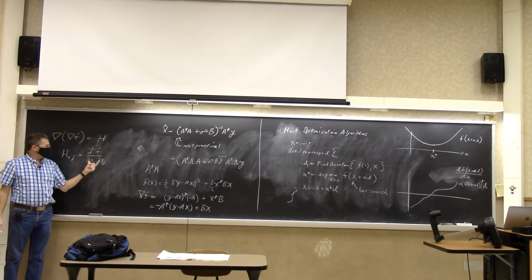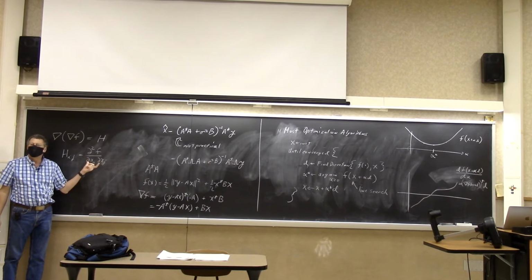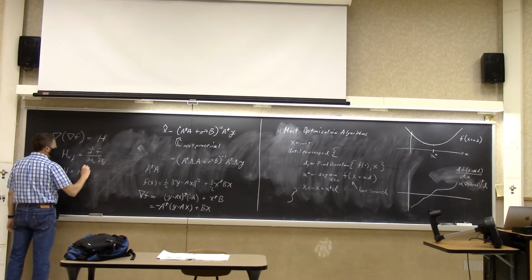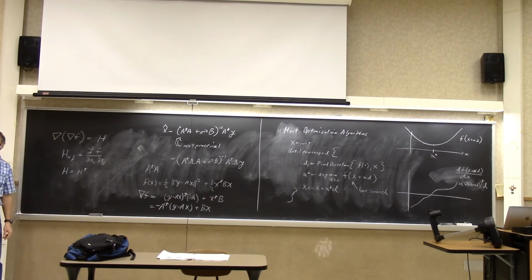But if the function is smooth, continuously differentiable, then you can exchange the order of the differentiation. So that means that H equals H transpose. It's got to be self-adjoint if everything's real valued.